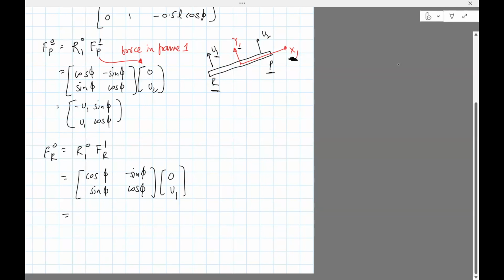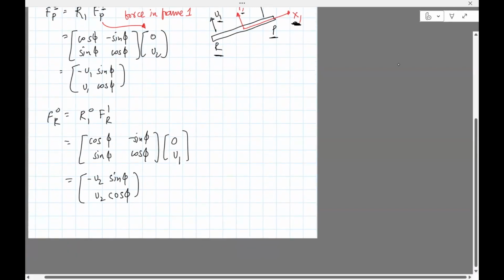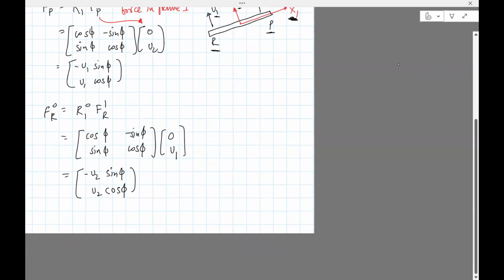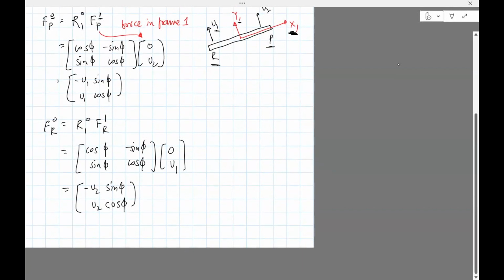Doing the math here gives me minus u1 sine phi, u1 cosine phi. Okay, so now I need to put everything together. All this was to compute the generalized force capital Qj. So that's what I'm going to do next.